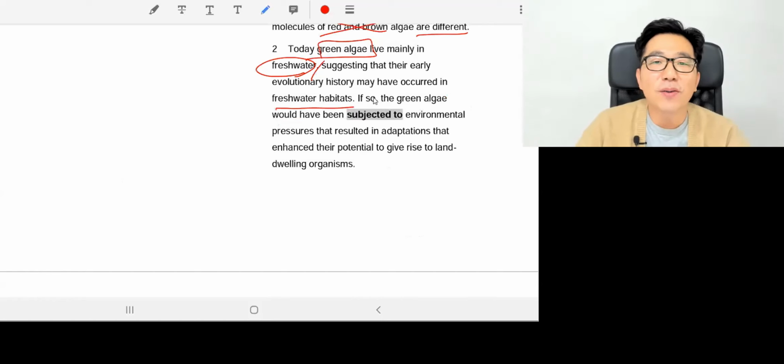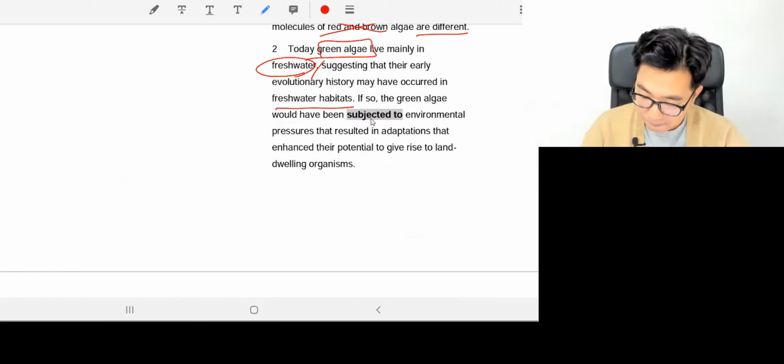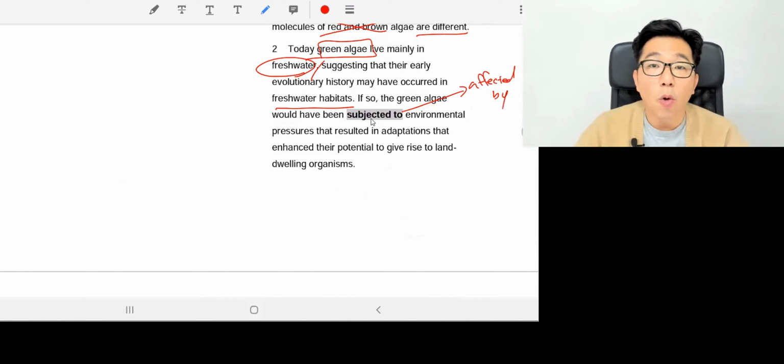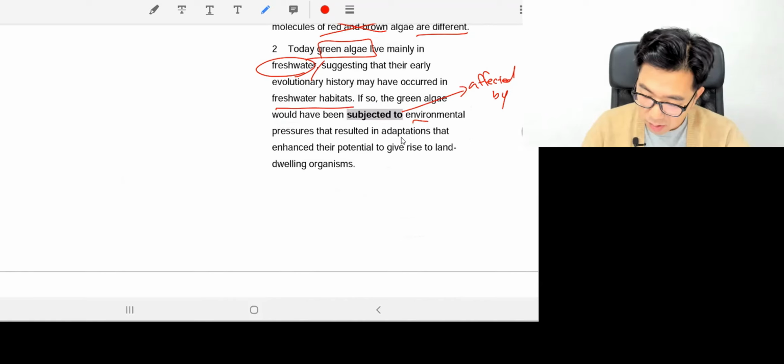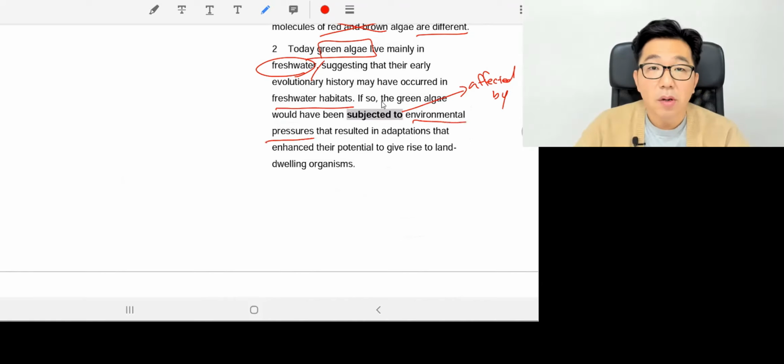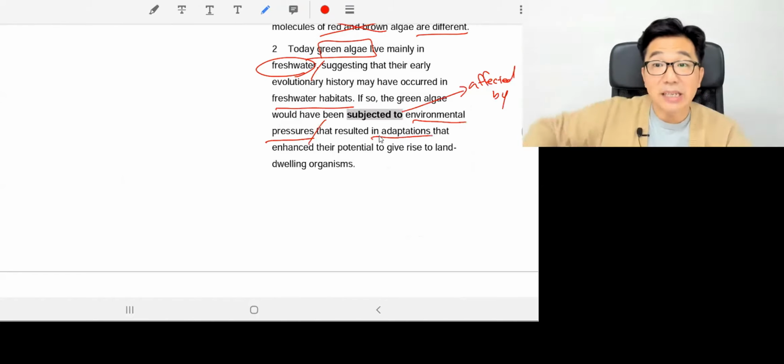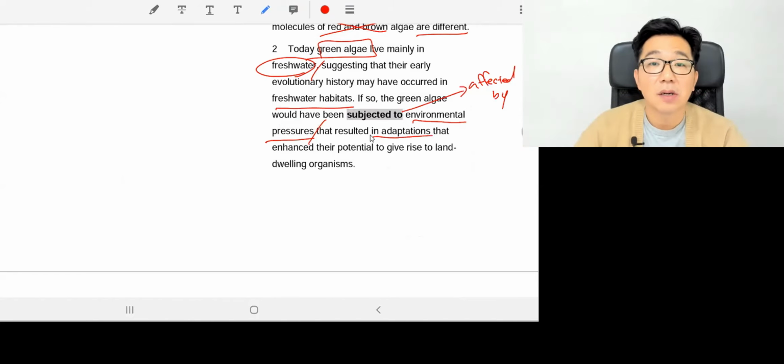If so, the green algae would have been subjected to, affected by, or exposed to, open to, needing to face environmental pressure that resulted in adaptation. They need to adapt, they need to change to survive.